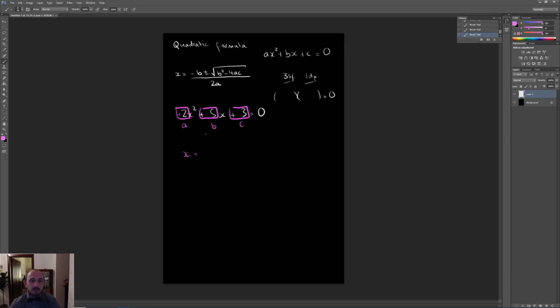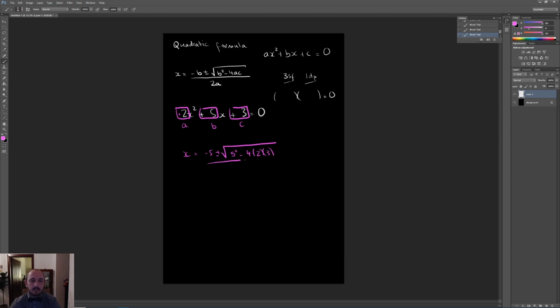So x equals negative b, so negative of plus 5, negative 5, plus or minus the square root of b squared, 5 squared, minus 4a, which is going to be 2, and c is going to be 3, like that.